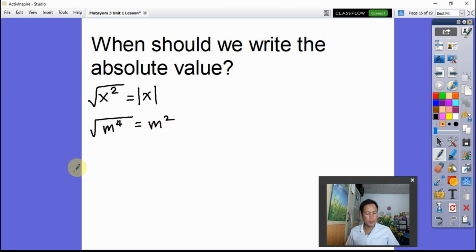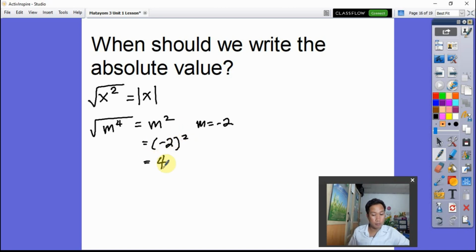We didn't write it because, let's say for example, m is -2. So when you have -2 squared, this will become a positive 4. So yeah, it's a correct answer because it's positive.